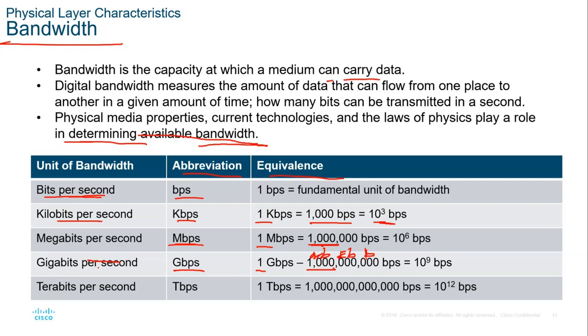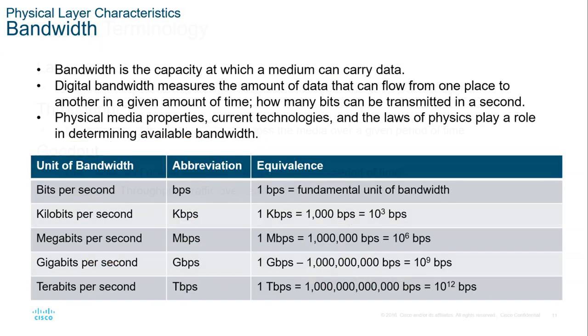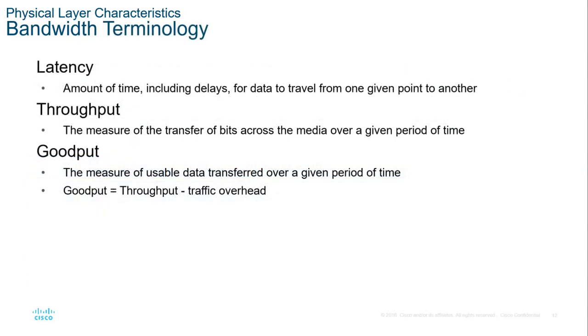Then terabit, of course: 1 terabit is equivalent to 1,000 gigabits, then 1,000 megabits, 1,000 kilobits, then 1,000 bits per second. Like that. That is it. You can check the time and then go through them.